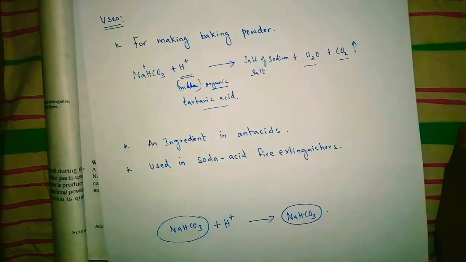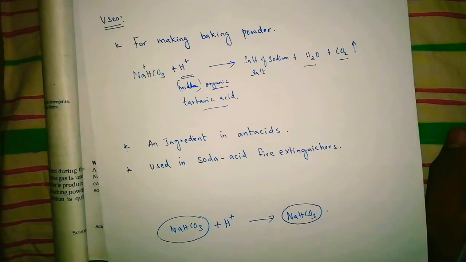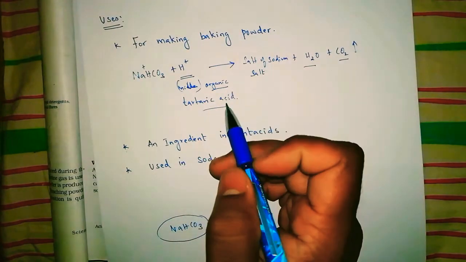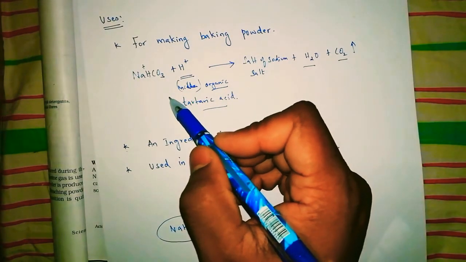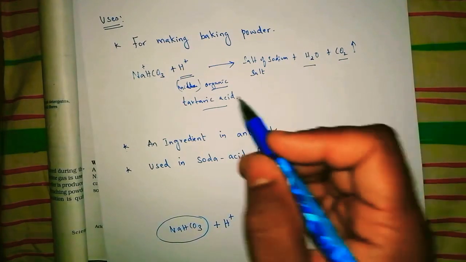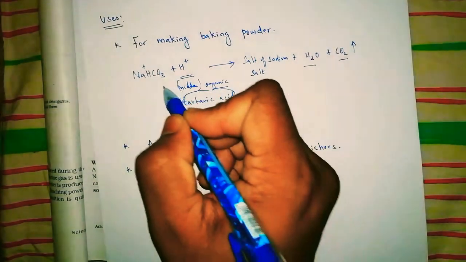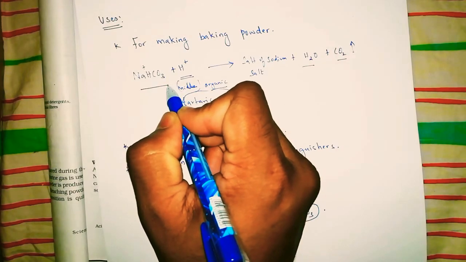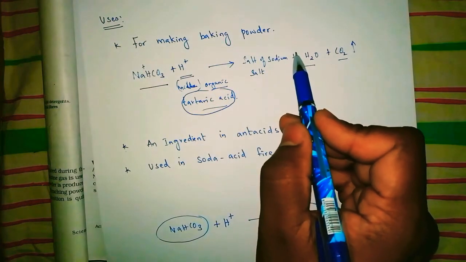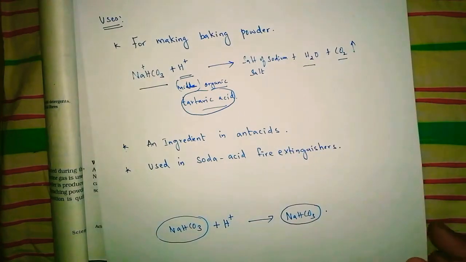Tartaric acid is also a mild acid, present in tamarind. So that acid can also be used for making this baking powder. That means when we mix tartaric acid with sodium hydrogen carbonate, baking soda, it is going to convert into baking powder, right?